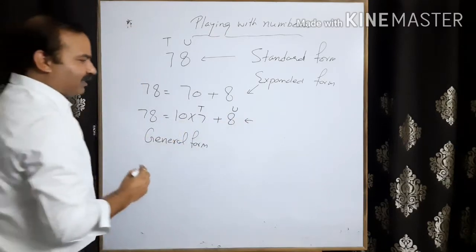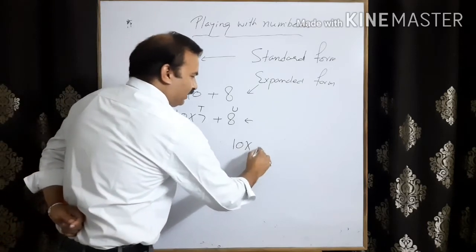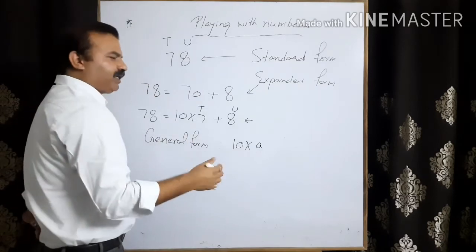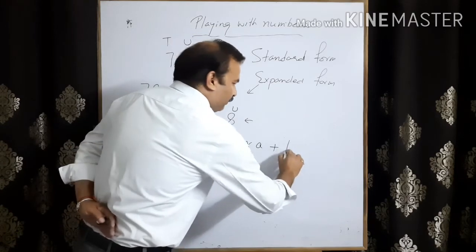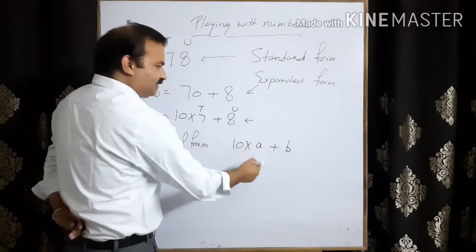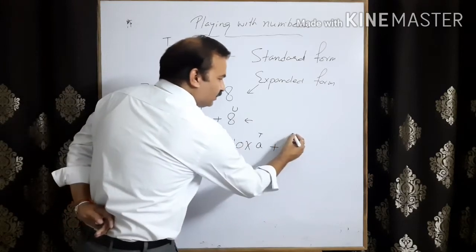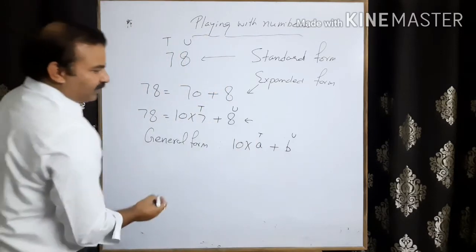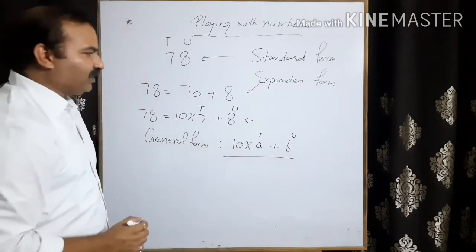I can write this in general form as 10 multiplied by A. What is A? A is a variable where we can put any value, any digit, plus B. Fine. A is the digit which is at the tens place, and B is the digit which we write at the unit place. If we write like this, this is the general form of a number.